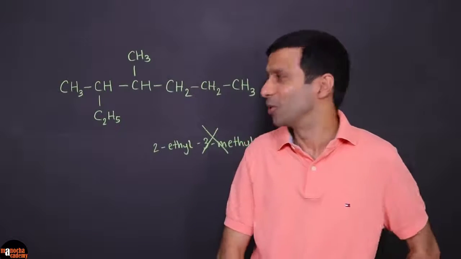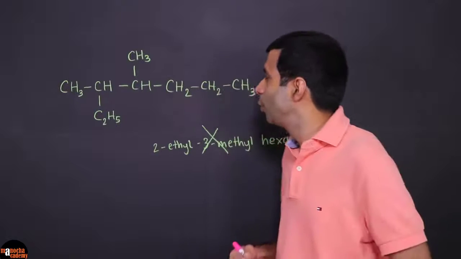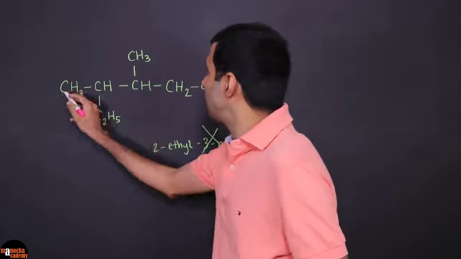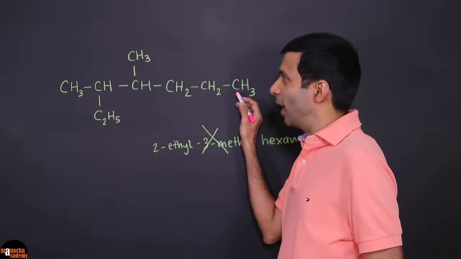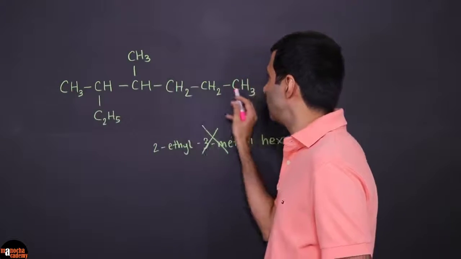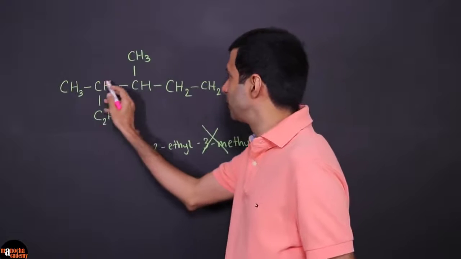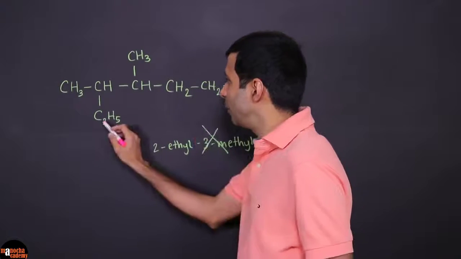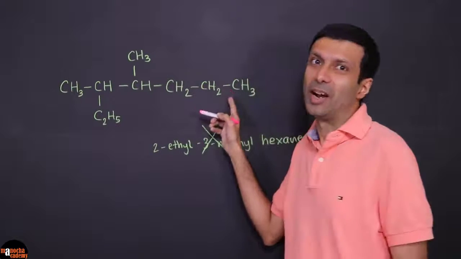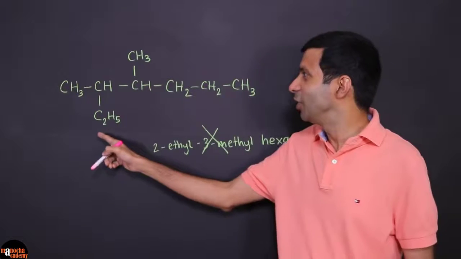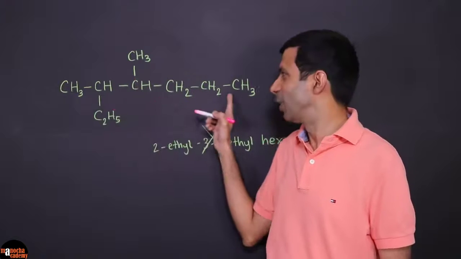Let's take a closer look. So if you look carefully, this is not the longest continuous carbon chain. Why? Because this one has 6 carbons, but if you go like this, then can you see there will be 2, 3, 4, 5, 6, 7 carbons. So the longest continuous carbon chain is this one.